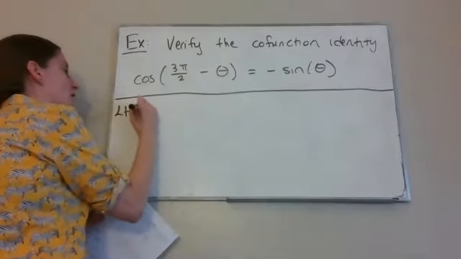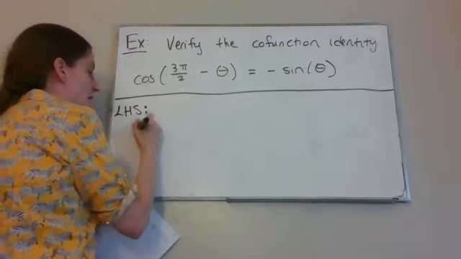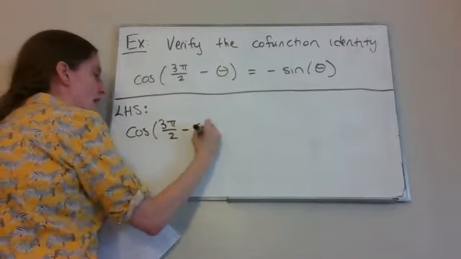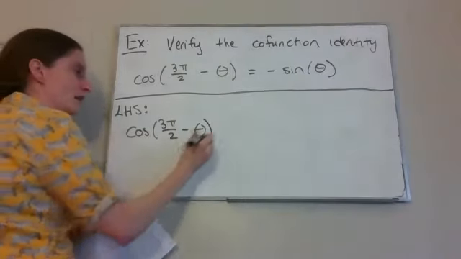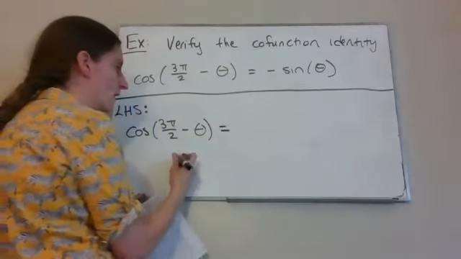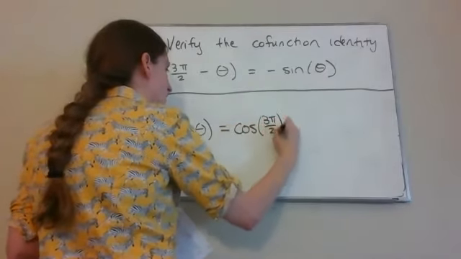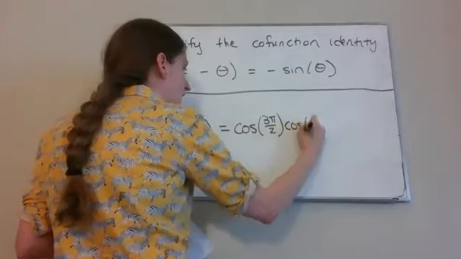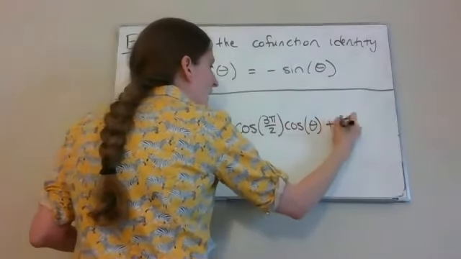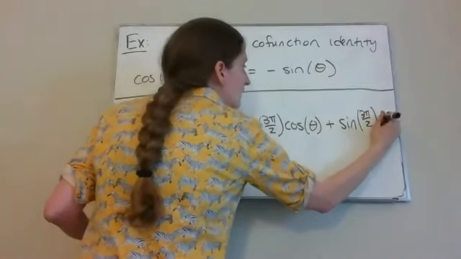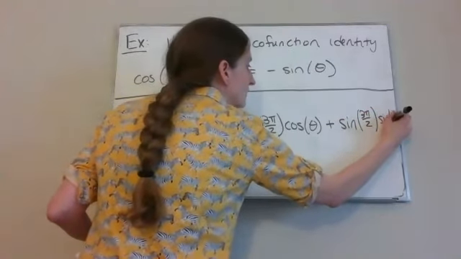So starting with my left-hand side, cosine of 3 pi over 2 minus theta, using my sum or difference formula for cosine, is equal to cosine of 3 pi over 2 times cosine of theta plus sine of 3 pi over 2 times sine of theta.